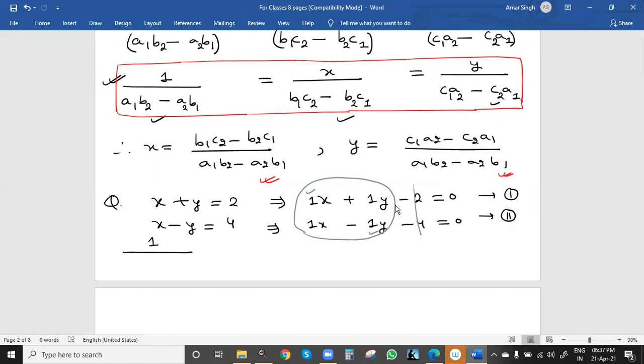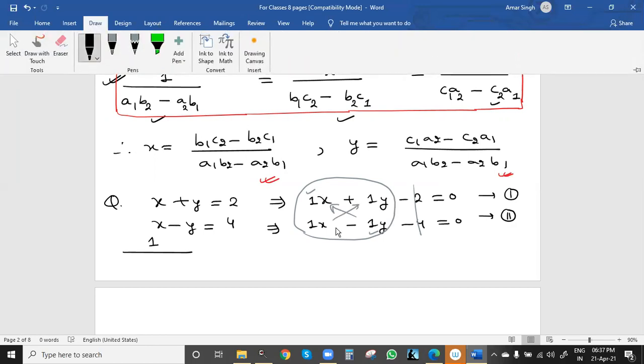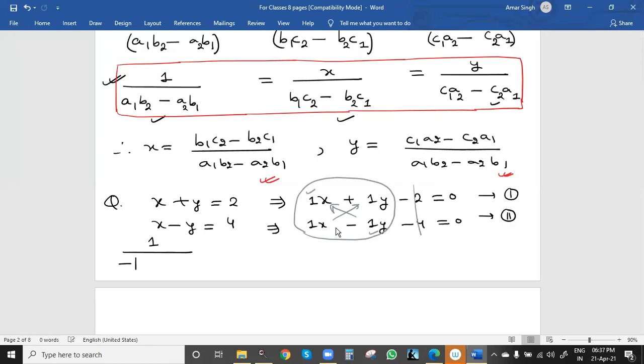So 1 minus 1. Always we start the cross from the right side, and then the left side. So this will be 1 into minus 1, so minus 1. And minus we'll put first, and then multiplying 1 with 1 will be 1.